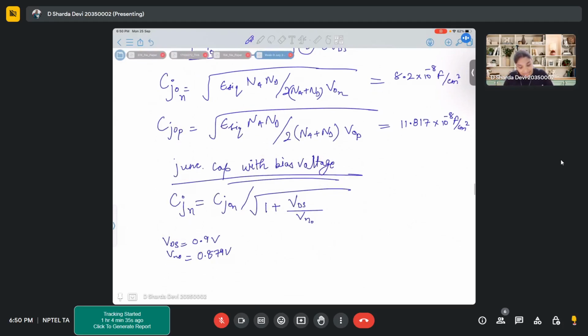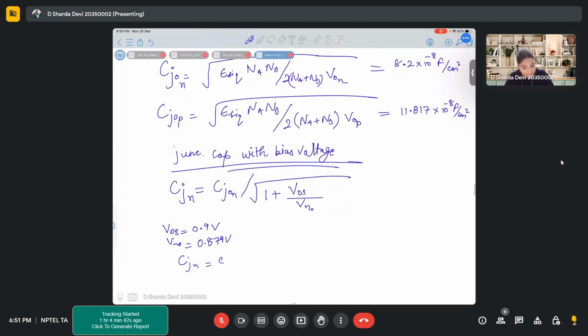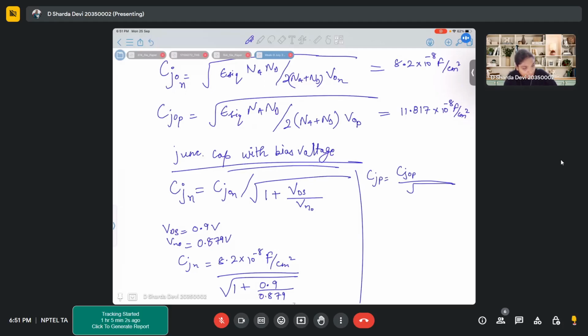So the junction capacitance is Cj naught, which was 8.2 into 10 to the power minus 8 farad per centimeter square, by root over 1 plus 0.9 by 0.879. Similarly, for PMOS, it will be Cj naught P by root over 1 plus VSD upon VP naught.